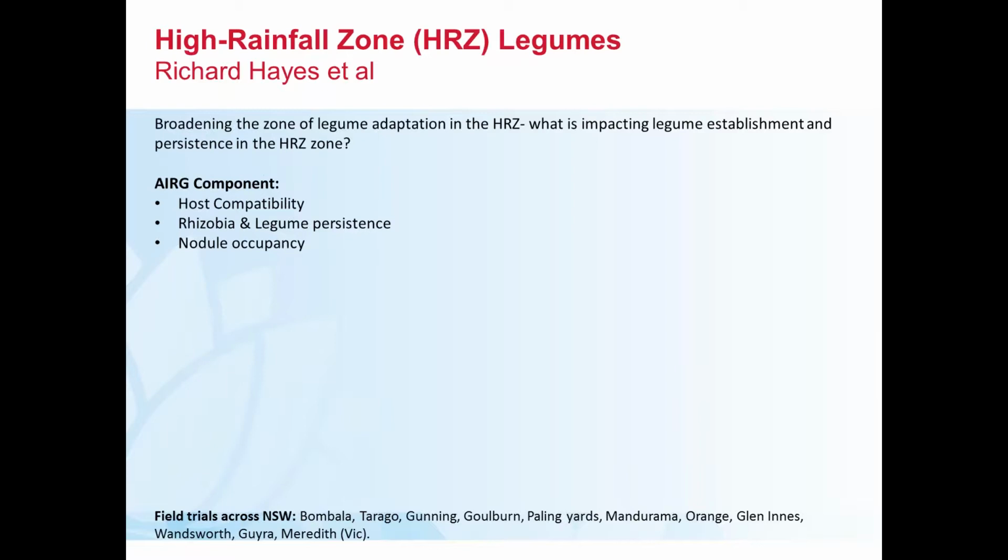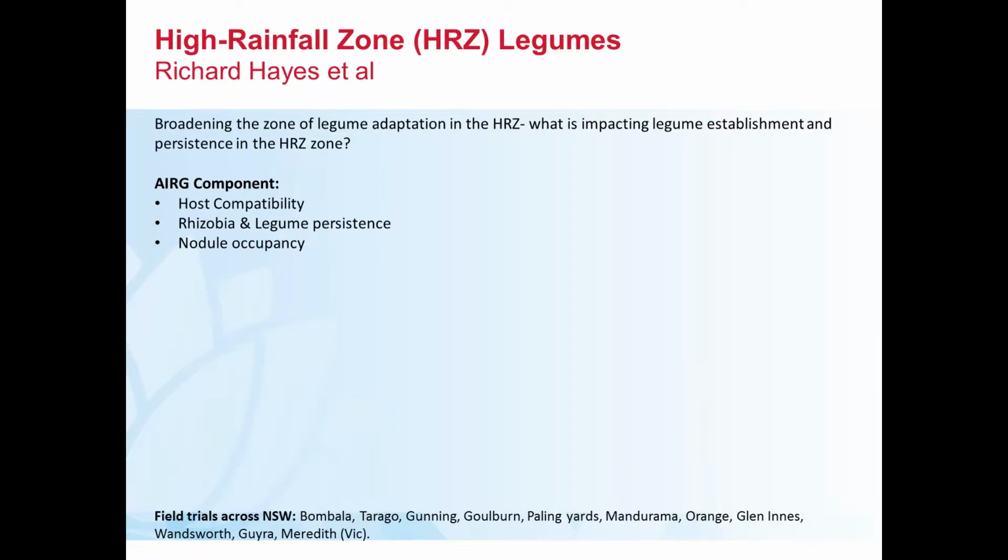We've got field trials assessing around 20 legume cultivars running from Victoria all the way up to the top of New South Wales in that high rainfall zone. This is a broader project being run with the New South Wales Department of Primary Industries Pastures team, and it's co-funded by Meat and Livestock Australia.